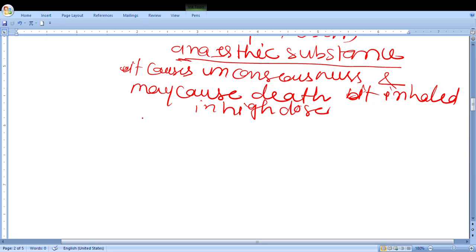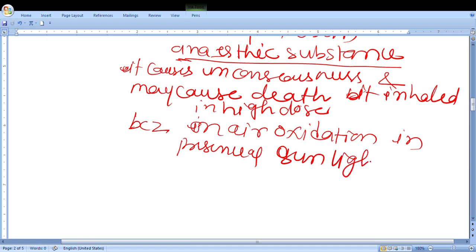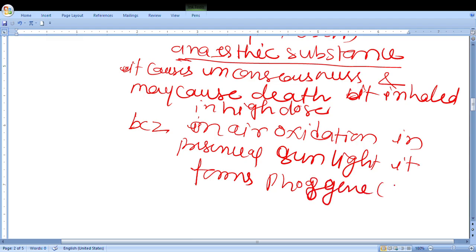The reason, because on air oxidation in presence of sunlight, it forms phosgene, COCl2, phosgene gas, which is highly toxic.